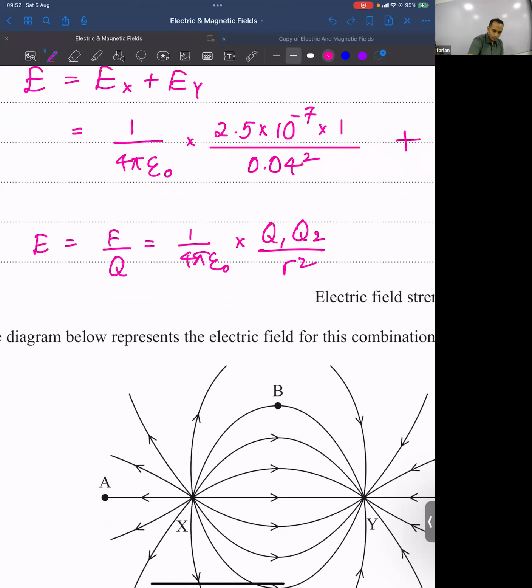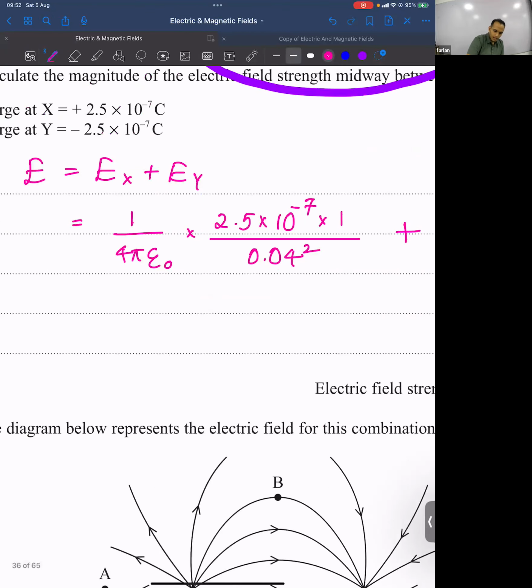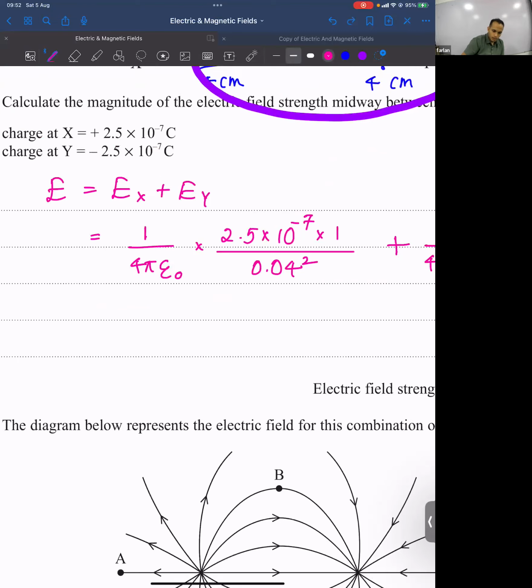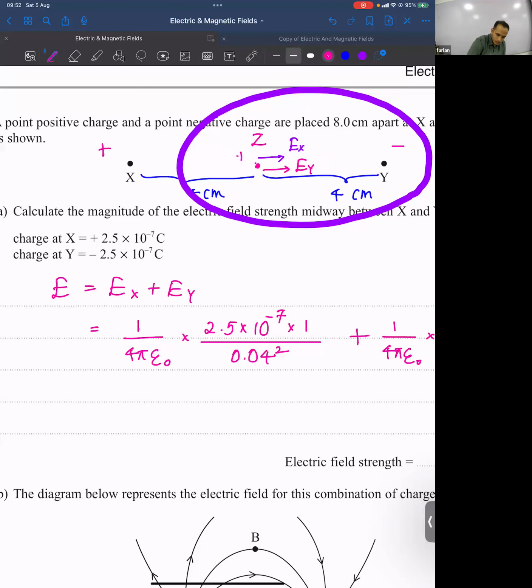So for that F only I have taken, listen. EX means the force acting per unit charge. So now imagine here at Z there's a plus 1 coulomb. So the force acting on that is what you call the electric field strength, right?